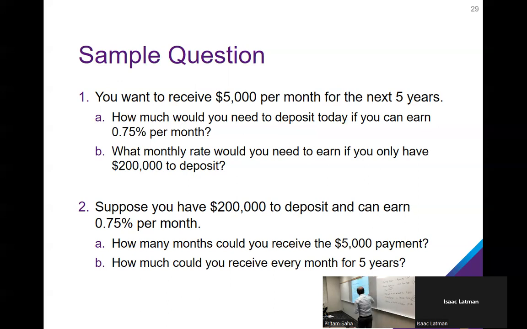How much did you get for 2A? Around 47 months, 47.72.